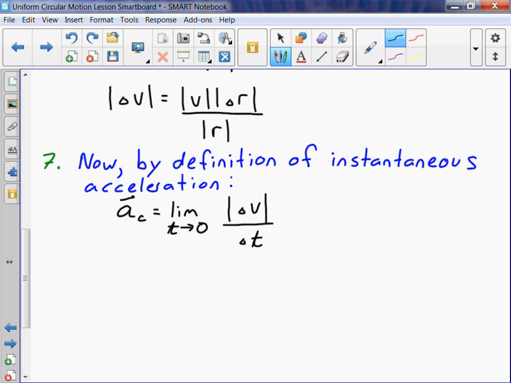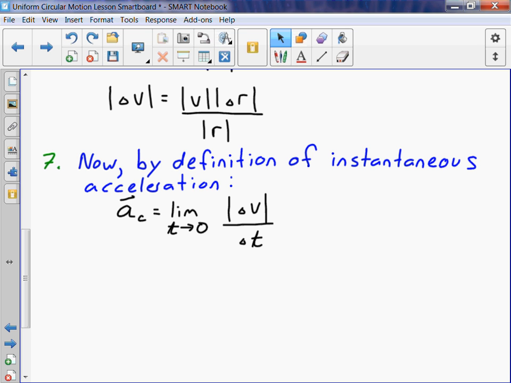The limit as the change in time approaches 0 but doesn't quite get to 0, because then we'd have an infinite situation. Right? The acceleration is of a very, very small change in time, like the millisecond time frame, or even smaller.